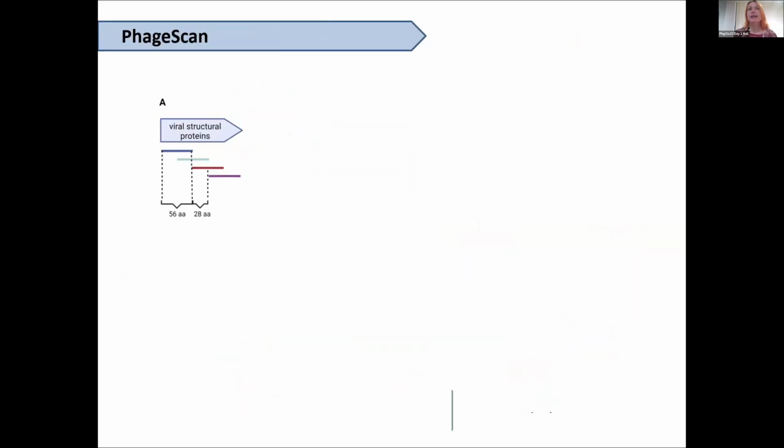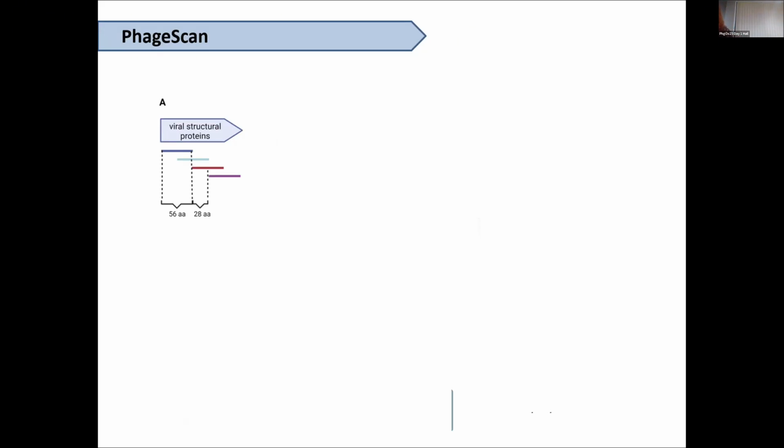And how did we investigate that? We used phage scan technology, and phage scan technology starts with downloading the whole database that we have on phages. So I'm very, very grateful to all the people who work a lot on phage genomics, and they upload as much as they can to the databases, because then you can extract phage structural proteins.